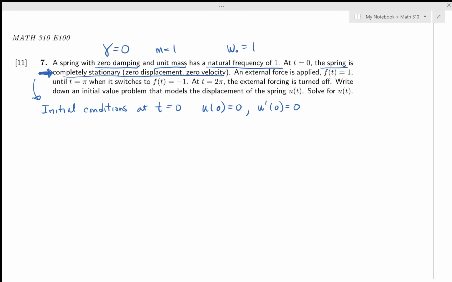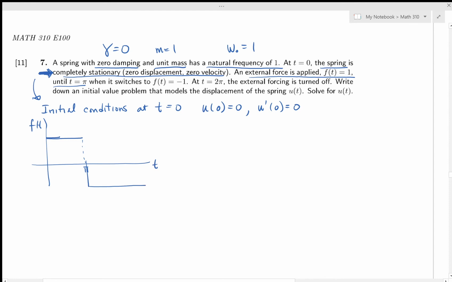Okay, so I'm going to see now that there is an external force applied. F of t equals 1 until t equals pi. So now I'm just going to draw this so I can get a sense of what's happening. I'm drawing f of t versus t. The function is 1 until time pi, and then it switches to -1.